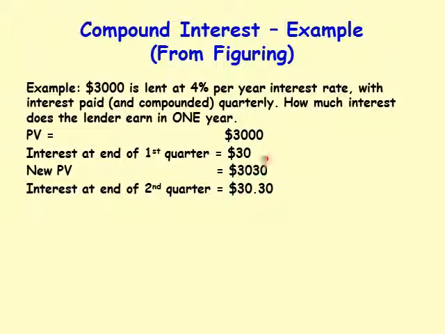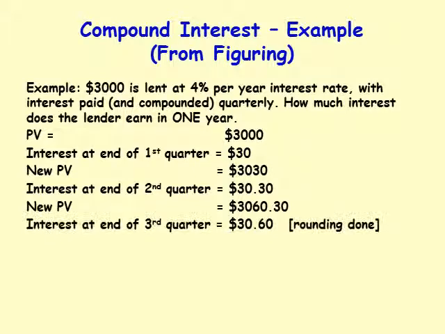Now the new PV would be $3,060.30. So that's the new PV going forward into the third quarter.